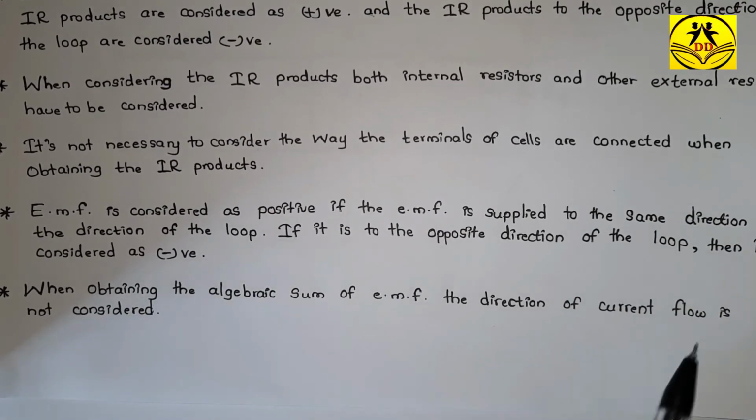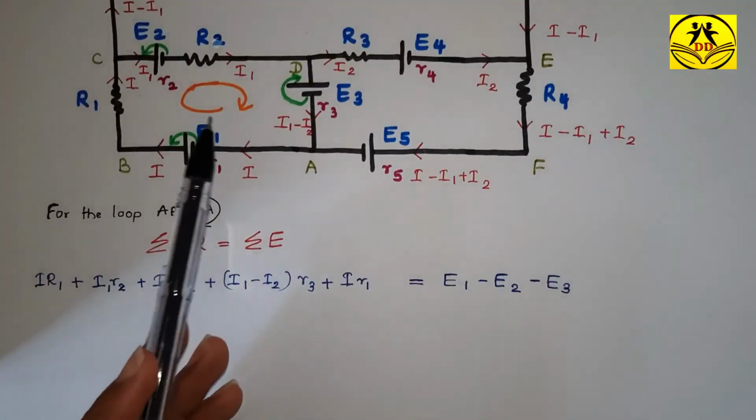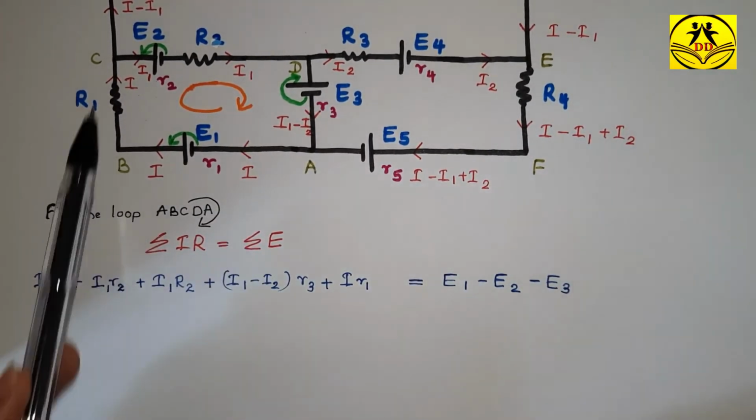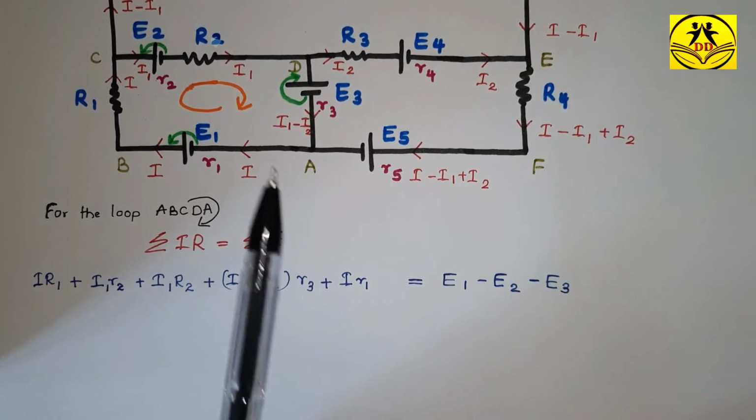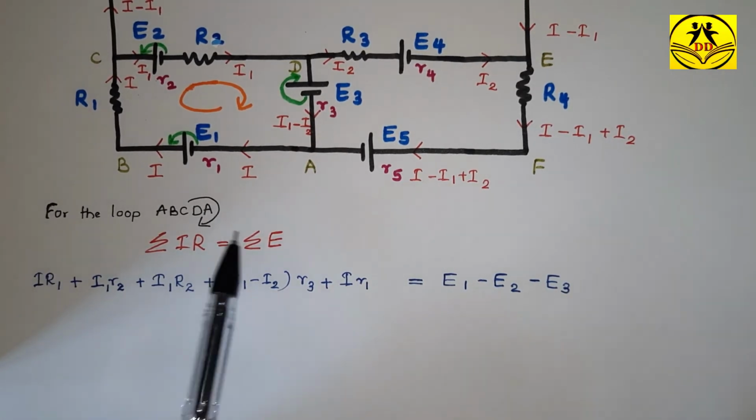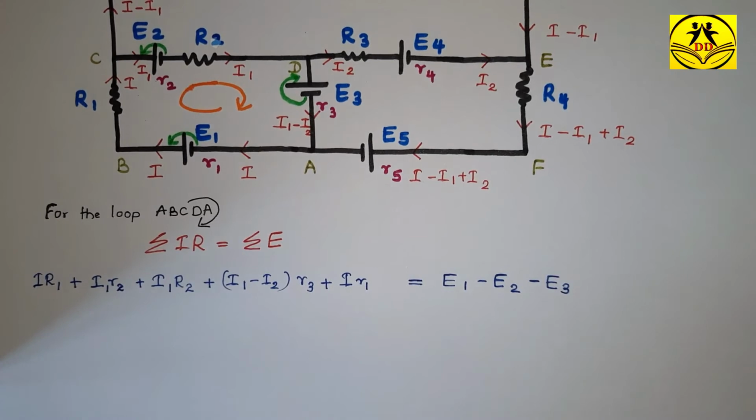Okay, so when obtaining EMF, the direction of current flow is not considered, and when obtaining the direction of current, the direction of EMF is not considered. Remember that. So now I'll show you how to apply Kirchhoff's law for another loop.